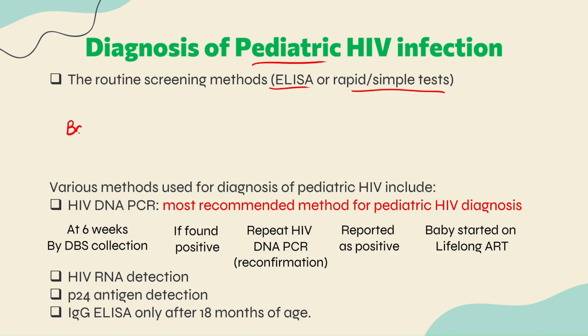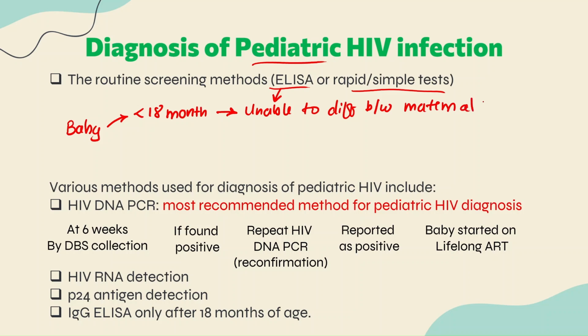I can simply say, if you have a baby who is less than 18 months, in such a baby these screening tests, ELISA or rapid test, are unable to differentiate between the maternal and the baby's IgG antibodies, and therefore this test is not useful.